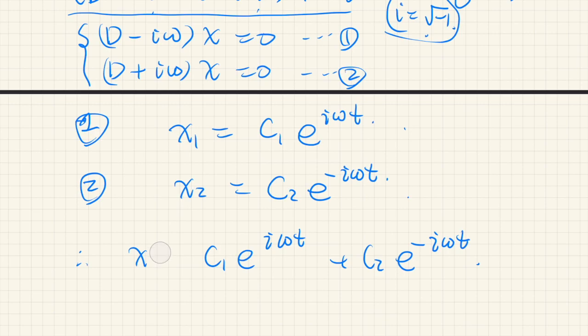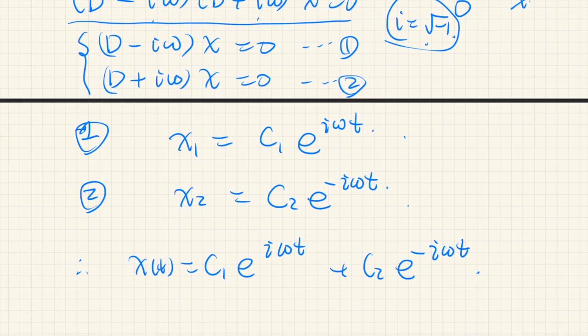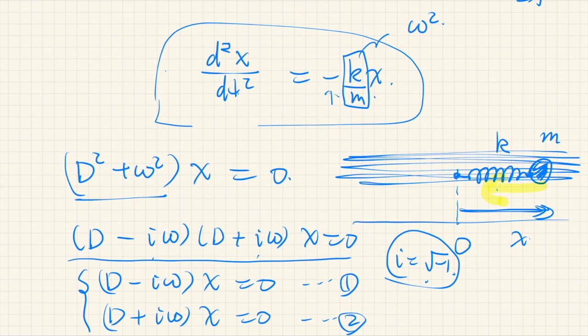Okay, x is a function of time. So here it is. And it may seem a little bit strange. We have complex numbers here and here, and c1 and c2 can be complex numbers. But we are dealing with a physics problem where everything is measured in real numbers.